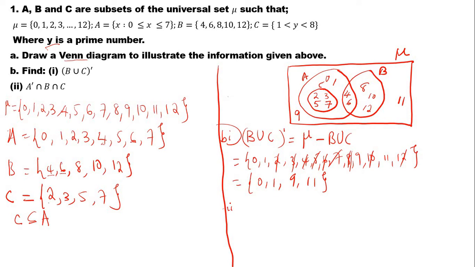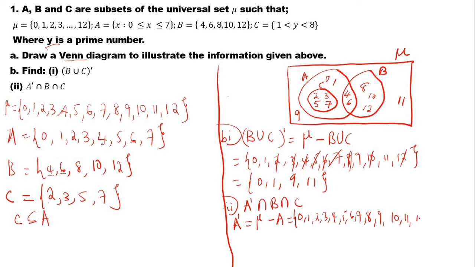Then for BII, I'm having A prime intersection B intersection C. So I need to find my A prime first, which is the universal set minus A. So I'm going to put down the universal set and take every element in A from it. 0, 1, 2, 3, 4, 5, 6, 7, 8, 9, 10, 11, 12.